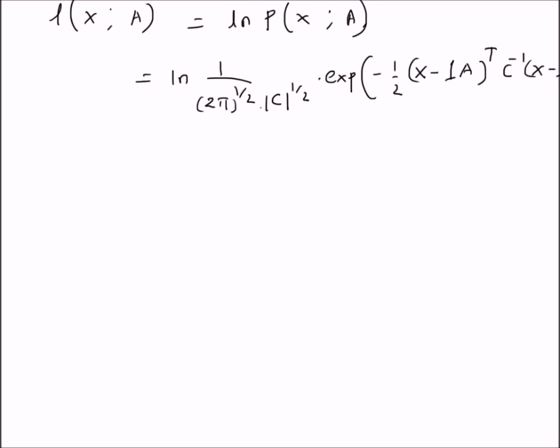To find the CRB, we have to determine the negative expectation of the second derivative with respect to parameter A of the log likelihood function.